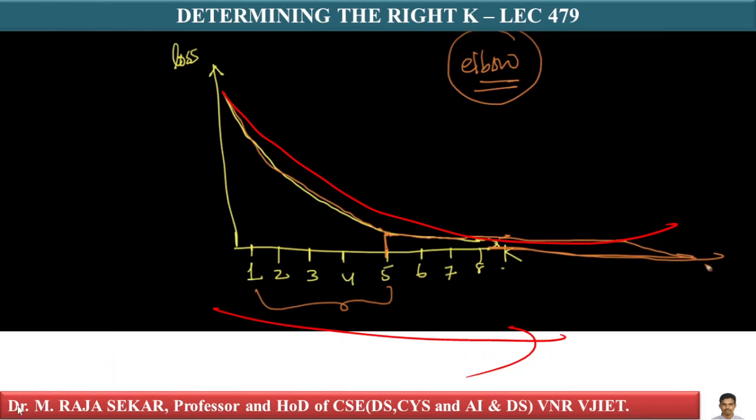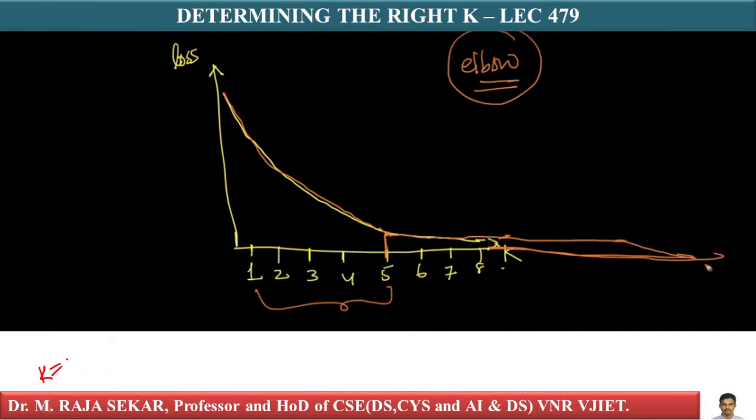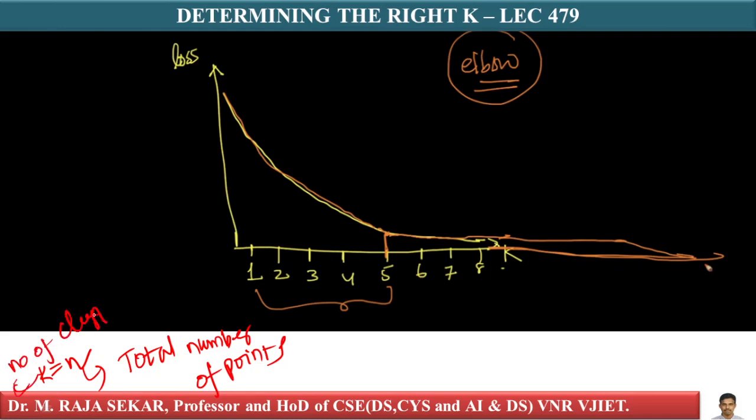Let's assume k equal to n, the total number of points. N is the total number of points, and k is the number of clusters. Suppose I have 1000 points. If k equal to 1000, it means I have 1000 clusters.